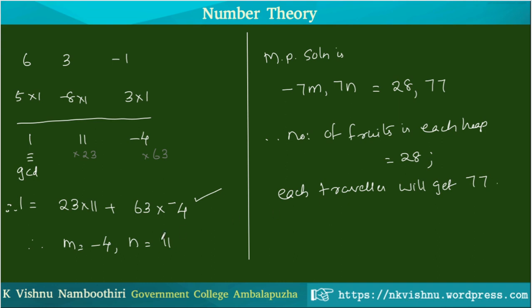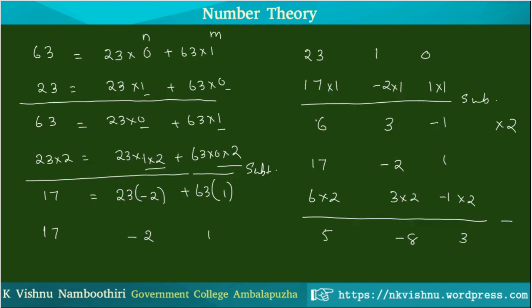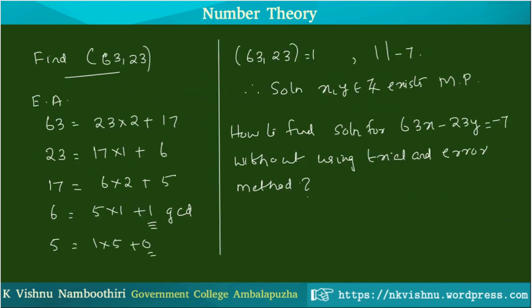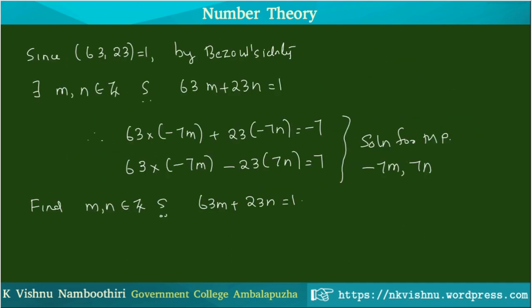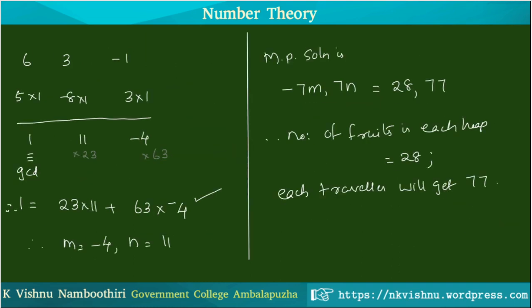But this is actually really surprising because previously we have seen that each heap contains 5 fruits and each traveler will get 14 fruits. 5 and 14. These were the numbers. But now here we are getting the numbers to be equal to 28 and 77.